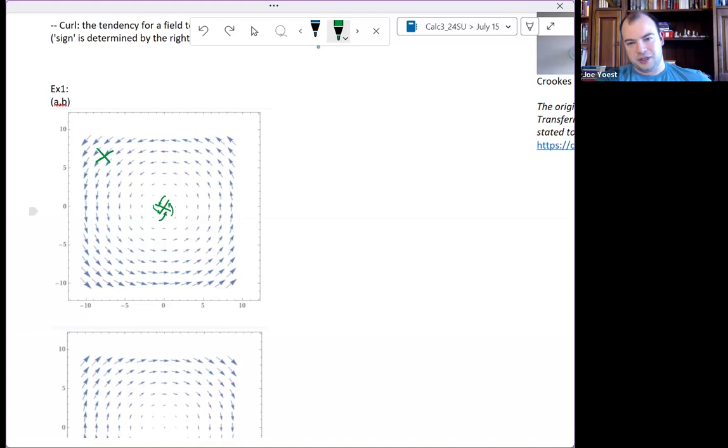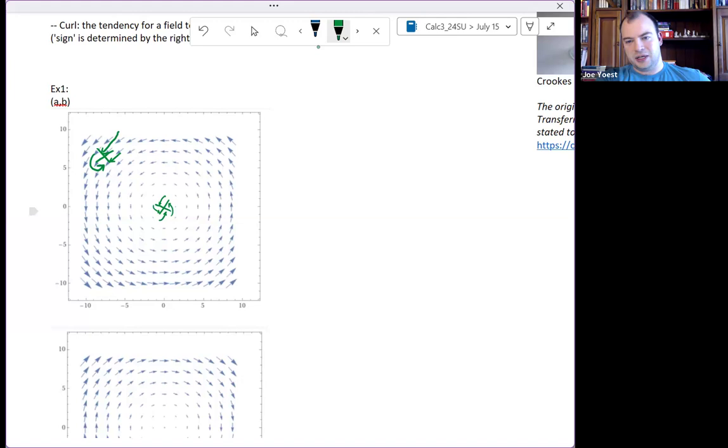And we see that these vectors, I'm going to exaggerate it, on the top left are bigger than these vectors on the bottom right. So even though they're counteracting one another a little bit, still the top left is going to push much harder than the bottom right. And overall, we're going to get a counterclockwise rotation here as well.